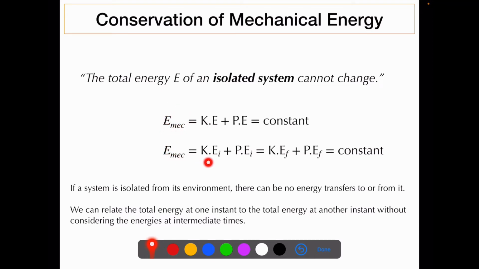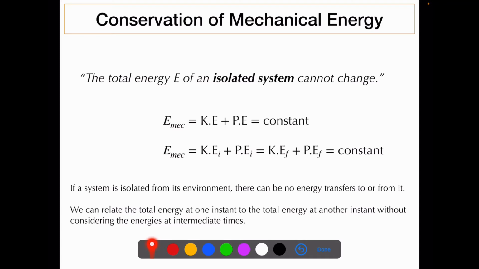It is represented like this also, that initial kinetic energy plus initial potential energy is equal to the sum of final kinetic energy and final potential energy. This initial and final are with respect to change in the position.